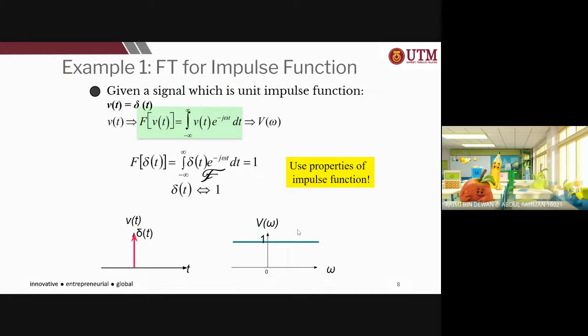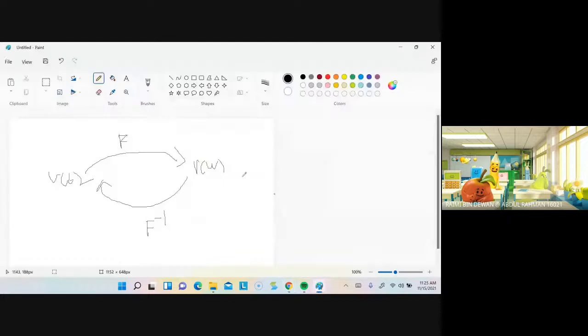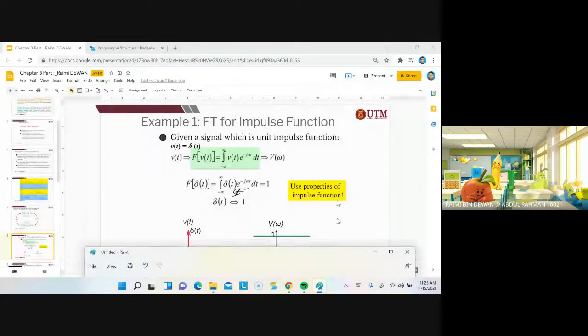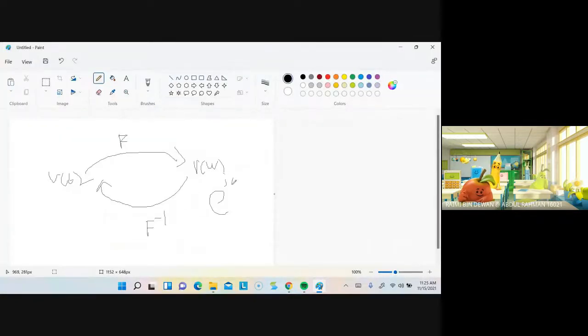So what is e to the j omega t? Because we only have value at 0, regardless of negative or not negative, if you have 0 here, you will have e to the 0. E to the power of 0 will be 1.